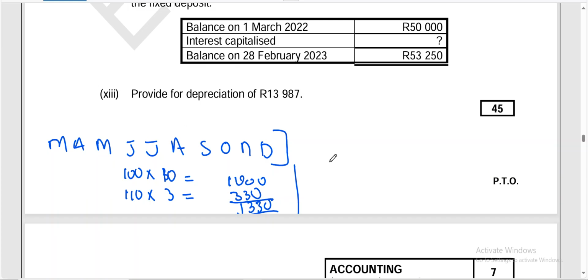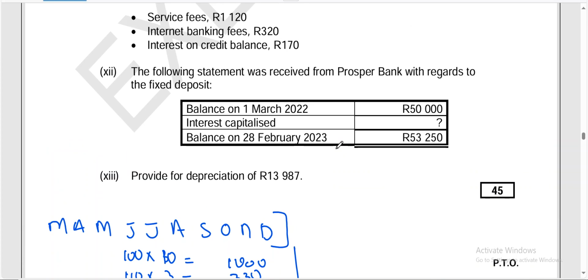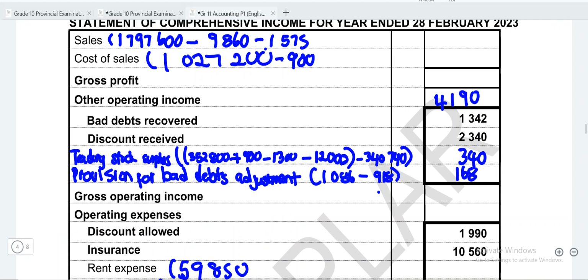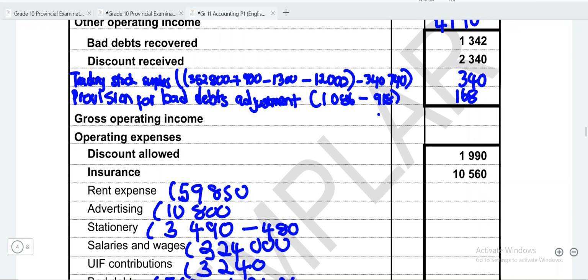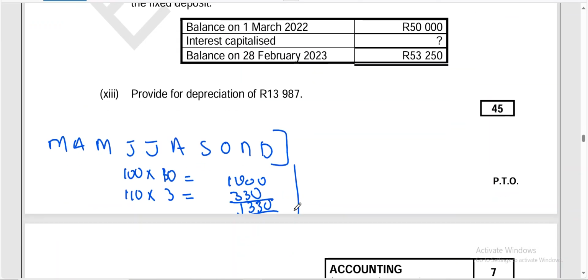Now we want to know what was the rent that was prepaid for the month that was prepaid, which is March. So remember, the total rent expense amount, I think it was 59,850. So what we're going to do, we'll then say 110 divided by 1,330 multiplied by 59,850. Then it will give us the prepaid amount.